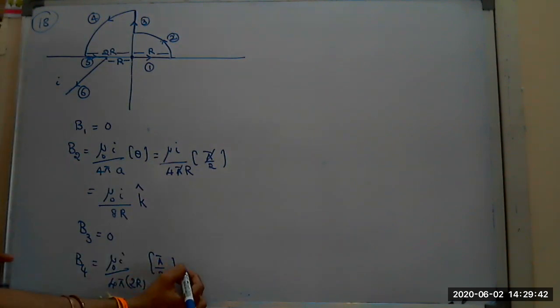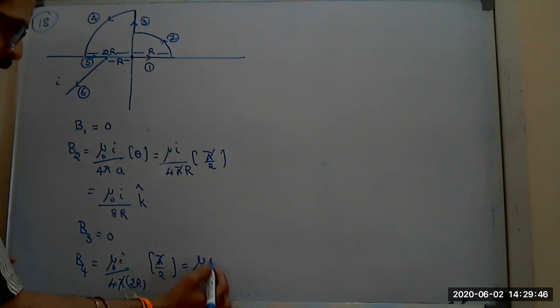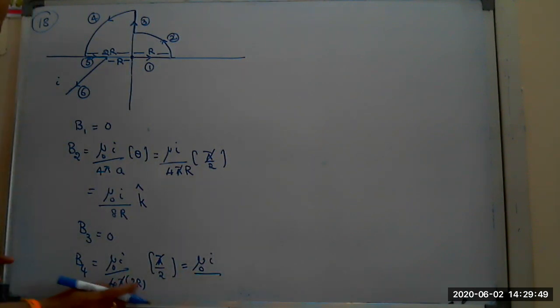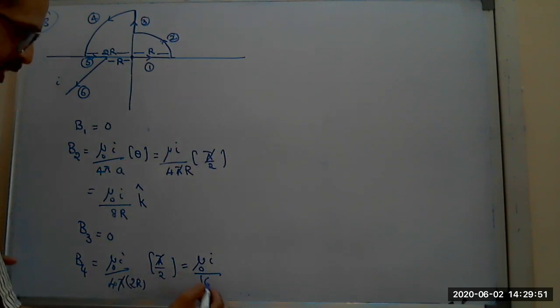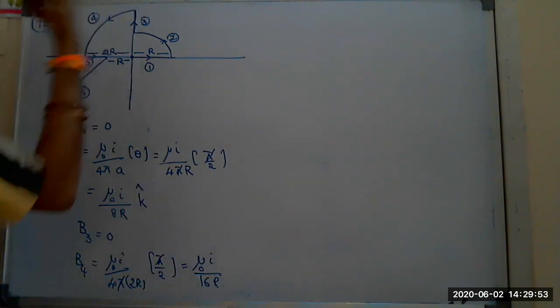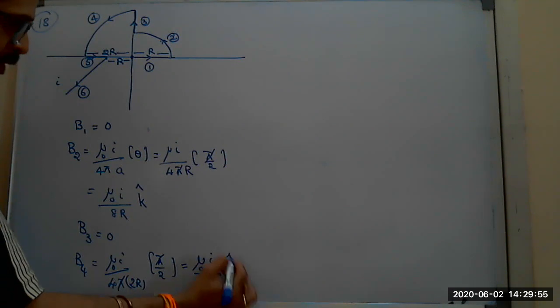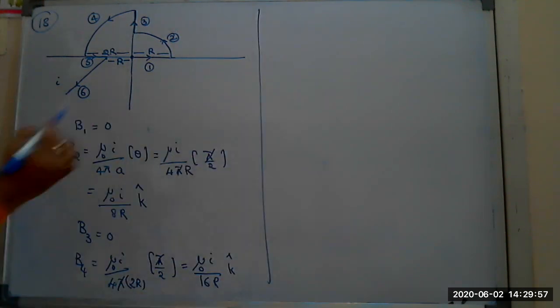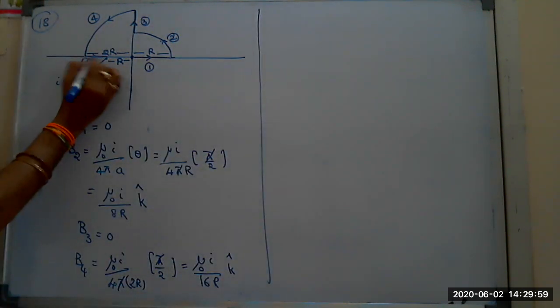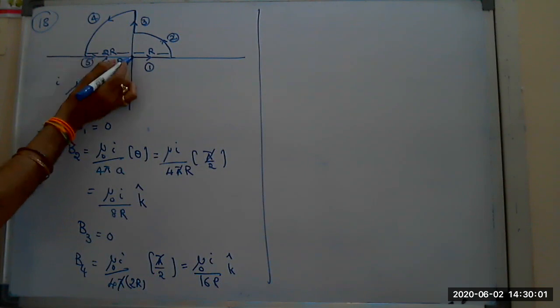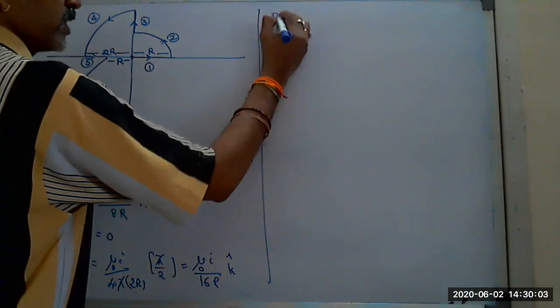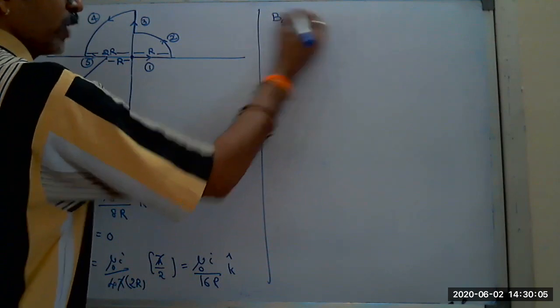Cancelling pi and pi, mu naught I by 4 times 2 is 8, 8 times 2 is 16, so 16R. This is also outwards, so k cap. B5, I already told, is again on the axis, so B5 equals 0.